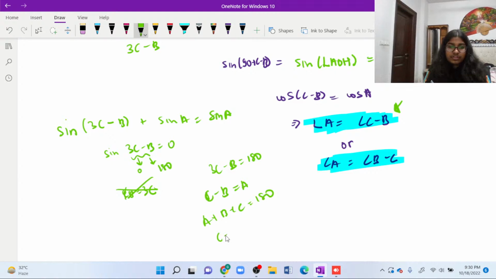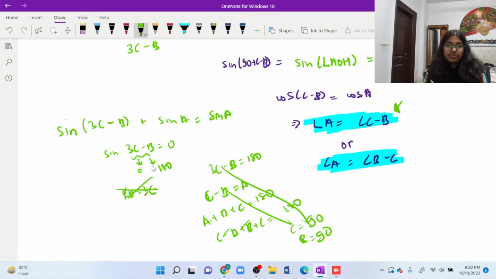So c equals 90, and 3c minus b equals 270, so B also comes to be 90, which is just not possible. So this case does not work.